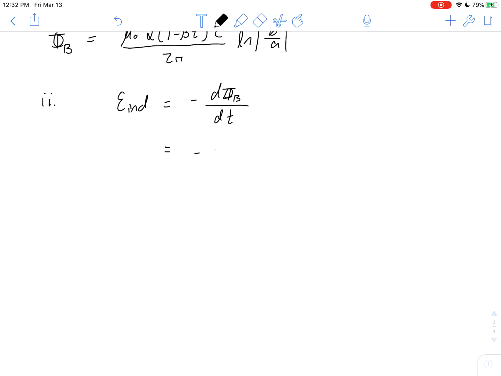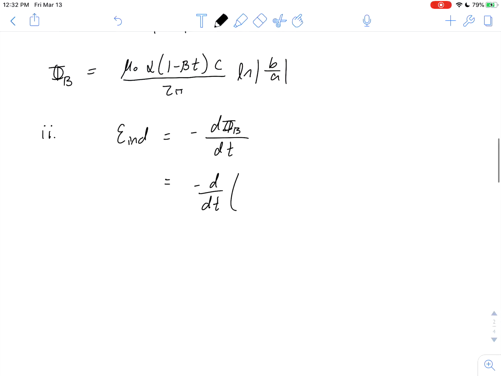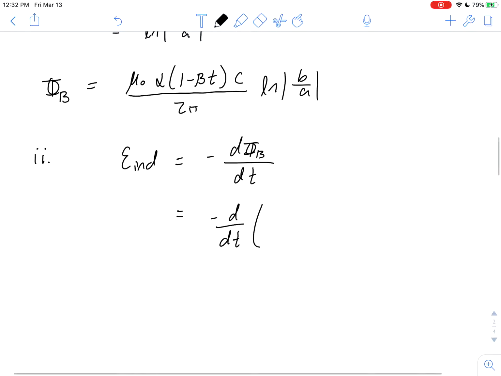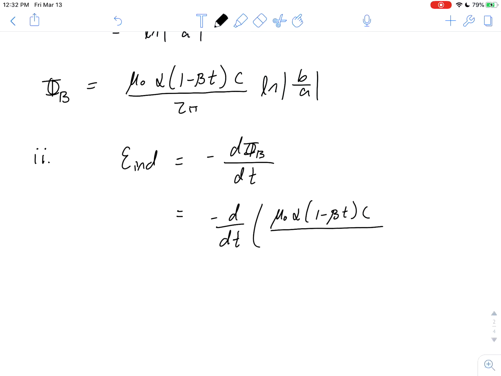So let's go ahead and do this derivative then. So we're going to have negative d by dt of, and then we're going to plug in the value that we just found in part 1. So that's going to be mu naught alpha 1 minus beta t times c, all divided by 2 pi natural log b over a.